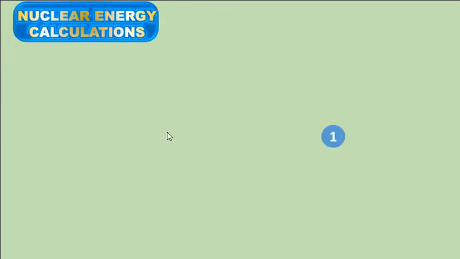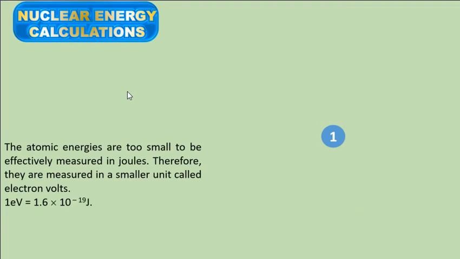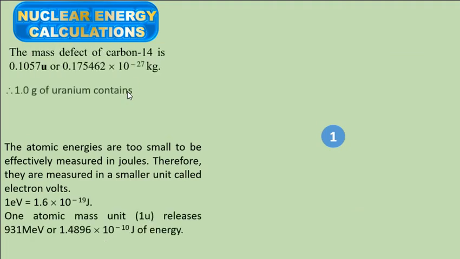So now we're going into nuclear energy calculations. We start where we stopped in the other slide. The mass defect of carbon-14 is given as this or this in kilogram. Therefore, 1 gram of uranium-235 contains 1 over 235 times 6.02 times 10 raised to the power 23 atoms.